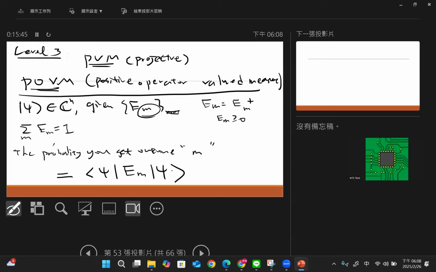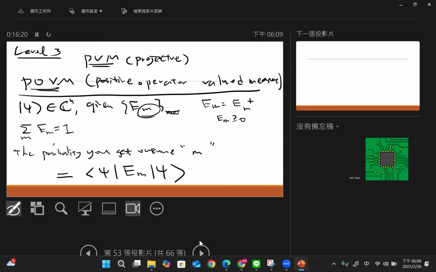In this POVM, what I give you is a bunch of positive matrices. Positive means they are positive semi-definite, so all eigenvalues are greater or equal to 0. The requirement is that the E_m sum to 1. Notice that m does not need to go up to n; the E_m can be arbitrary, only 2, or 3, or 4 of them, but they sum to 1. And the probability you get outcome m is basically this expression.